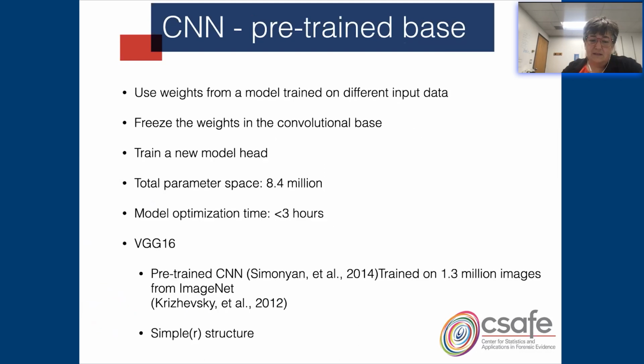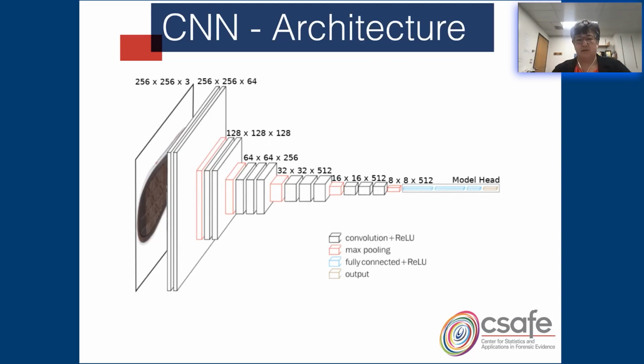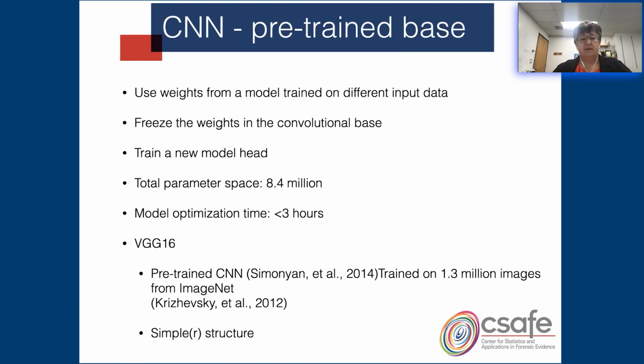So what we do instead, what Susan does instead, is to use a pre-trained base. So essentially what we do is we only keep the model head, and we switch out all of the weights from a different source, and we start from there. The pre-trained model that is being used here is the VGG16.